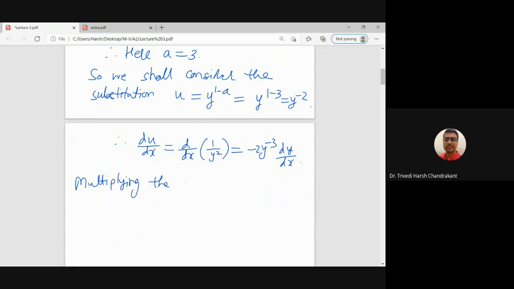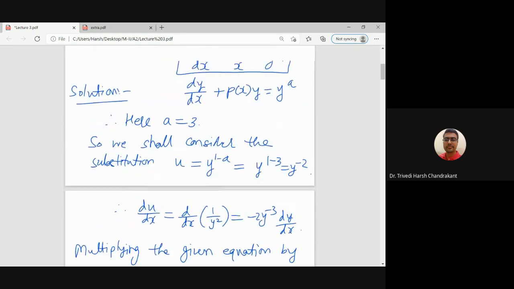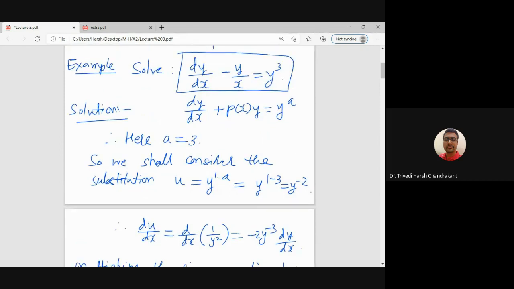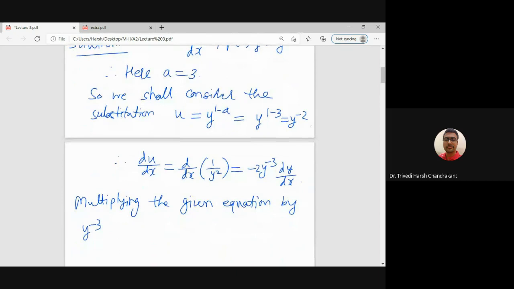So let us see this by multiplying the given equation by y^(-3). Multiplying by y^(-3) essentially means dividing by y^3, right?